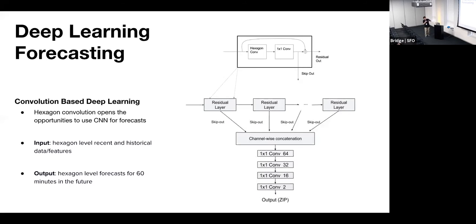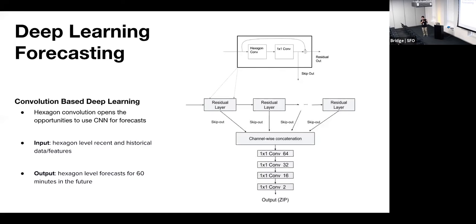There's some other interesting part: in this network, we are not predicting one value, we are predicting a distribution. I'm not going to talk about the details, but the rough idea I want to mention is that Hexagon convolution is such a fundamental component for this deep learning model.